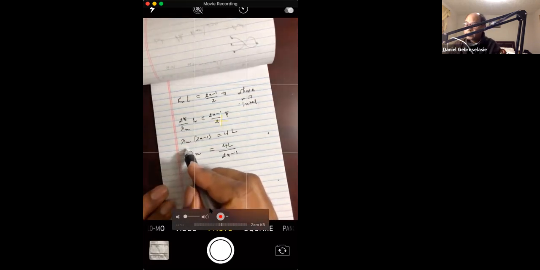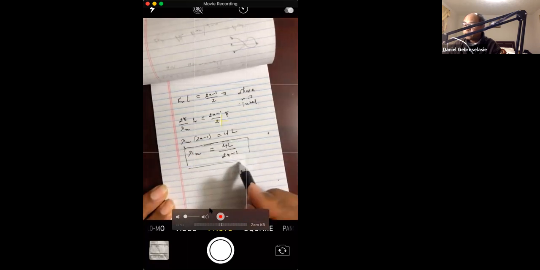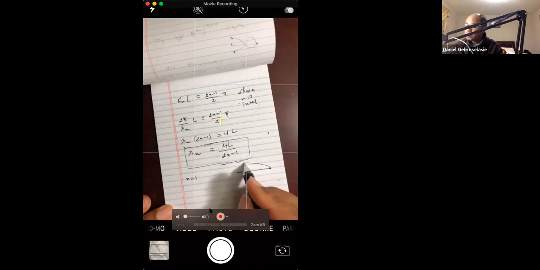So you see, for this kind of wave, the wavelength of the nth harmonic is given by this formula, okay? For the first harmonic, n equals 1. This is the first harmonic like this. You put 1 over here, you get lambda 1 equals 4L divided by (2 times 1 minus 1), that's 1, right? So for the first harmonic, the wavelength is 4 times the length, okay?